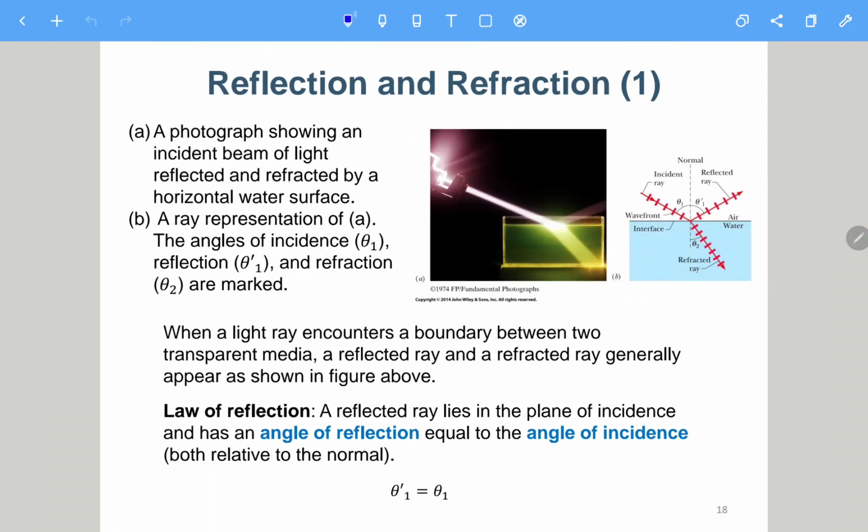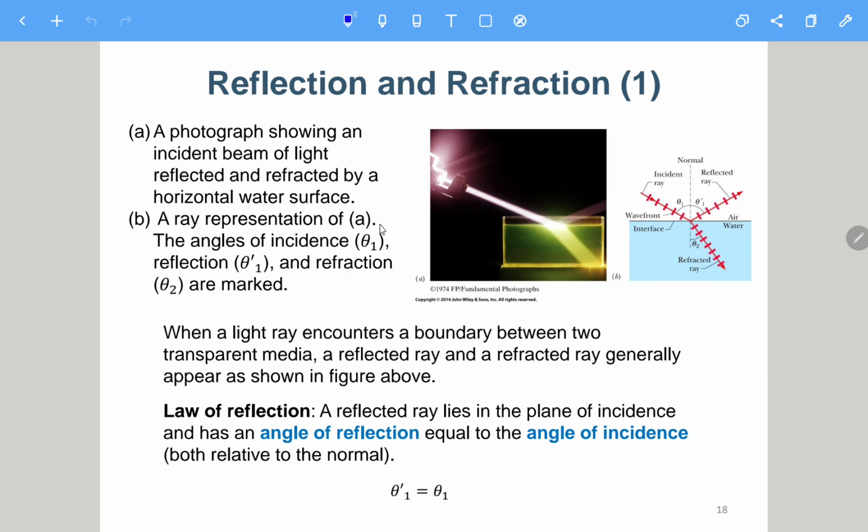Okay, so next we talk about some properties of light. I suppose you should have learned it in high school physics, which is about optics, the reflection and refraction. Reflection is 反射, refraction is 折射.